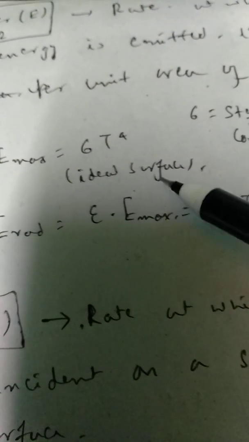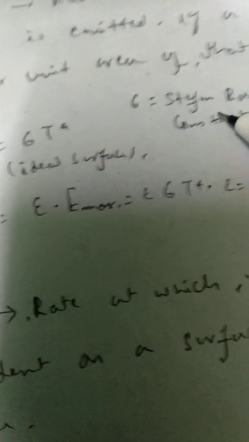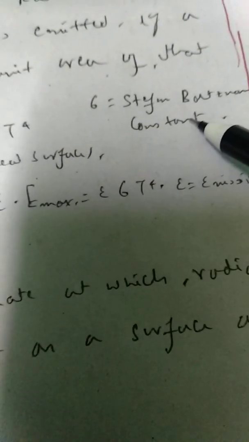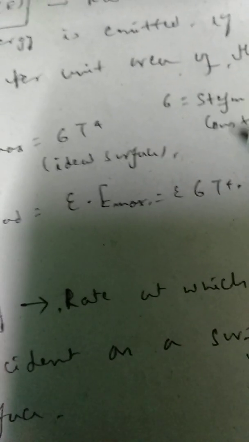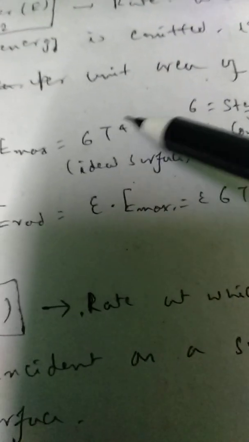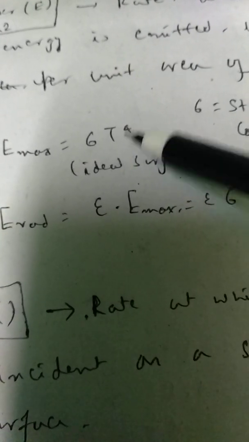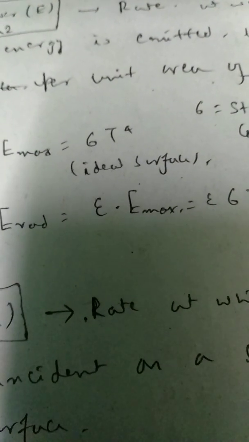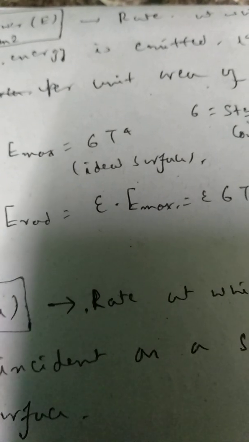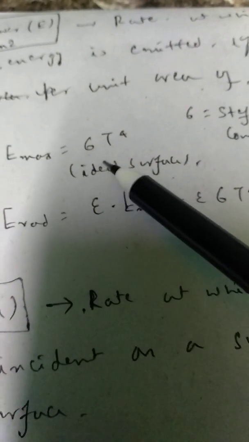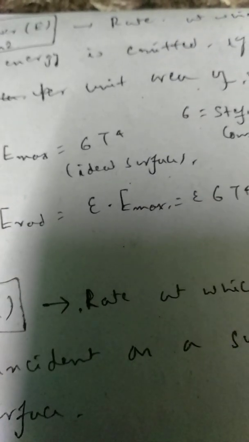Okay, so this sigma is the Stefan-Boltzmann constant. It has a particular value, and this T is the absolute temperature of the body. Now, this formula for E max is only true for some ideal surfaces.